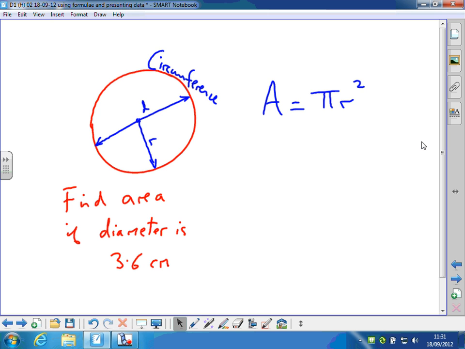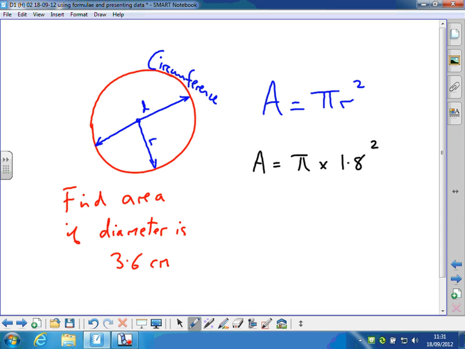Let's look then. So, what am I going to do on my calculator? You've got a pi button on your calculator, so don't type in 3.14. Hit the pi button, which is down at the bottom, so shift and pi often, and then times 3.6. Half of the diameter is 3.6, so half of that is the radius, which is 1.8, squared.